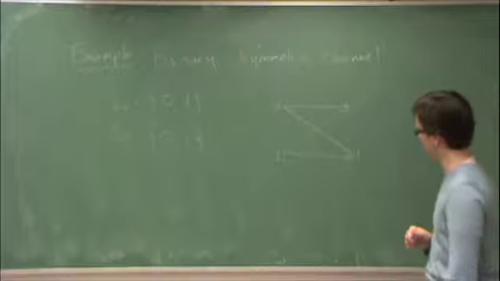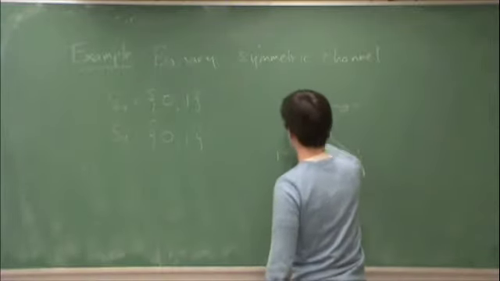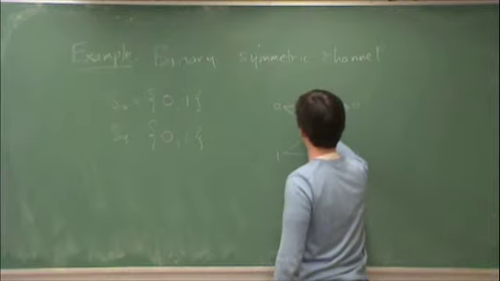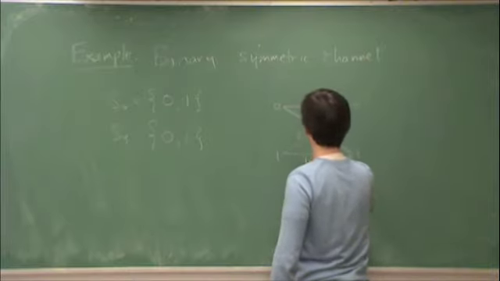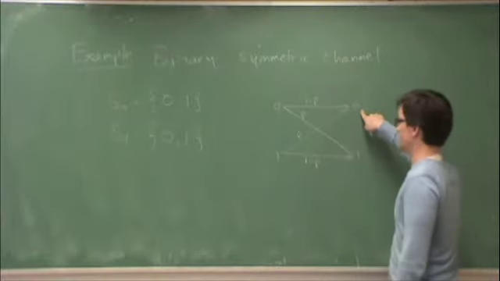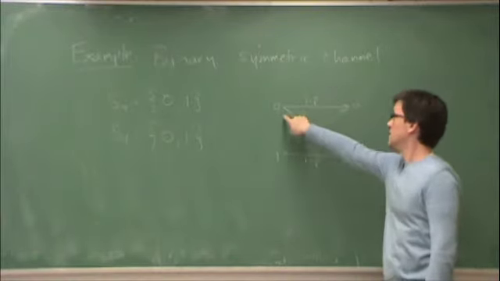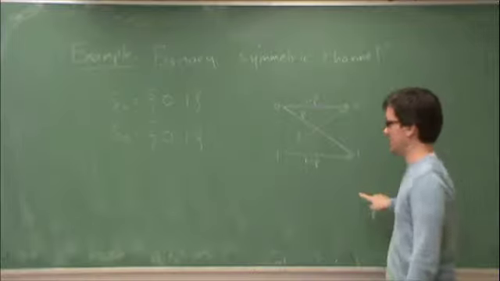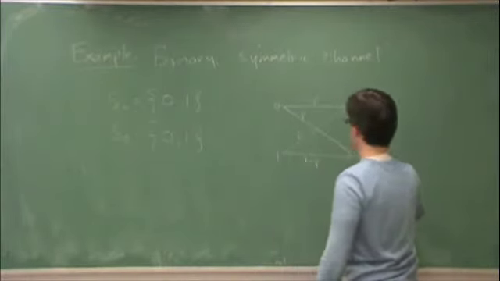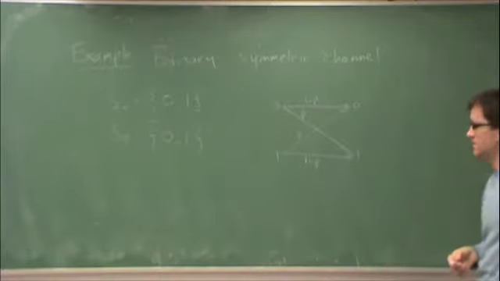It's called symmetric because the probability of crossover is the same regardless of which bit is input, so let's call it P. So given an input 0, I get an output 0 with probability 1 minus P, or it flips with probability P. Similarly, an input 1 flips with probability P, or it does not flip with probability 1 minus P.